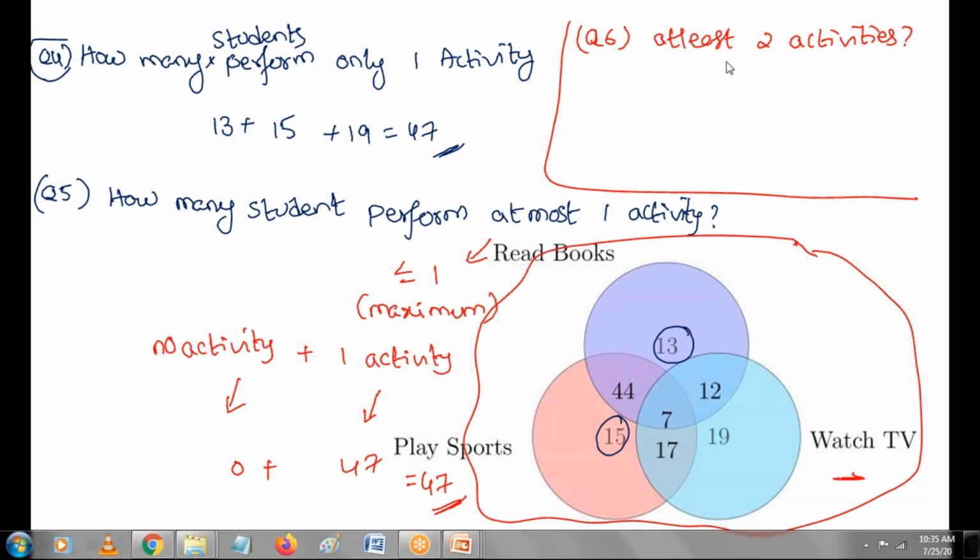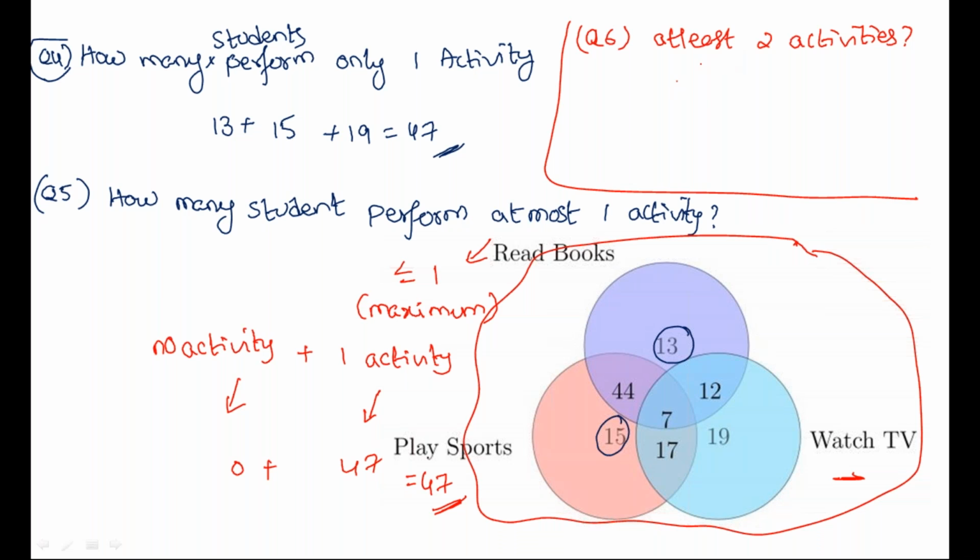At least two activities. At least means minimum, greater than or equal to 2. Greater than or equal to 2 means two activities or three activities. You can't go for 4 activities because this question is only up to 3.